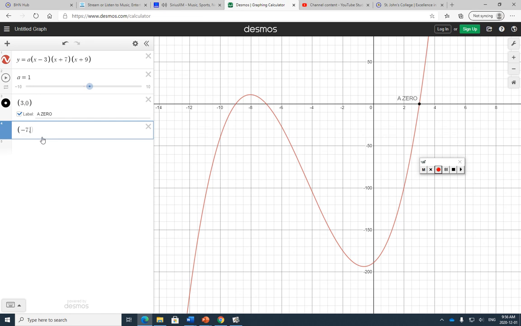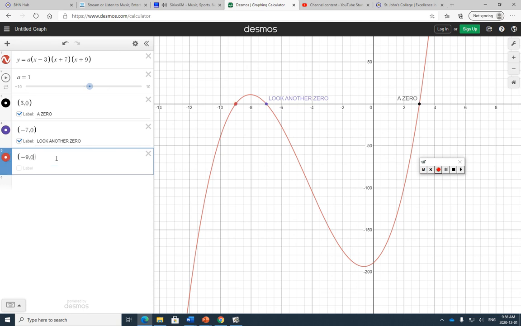Negative 7, 0. Label it. Look, another 0. And then what's the last 0? Negative 9, 0. The last 0. Okay, so I've labeled those all on there.